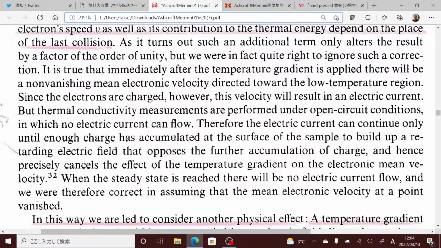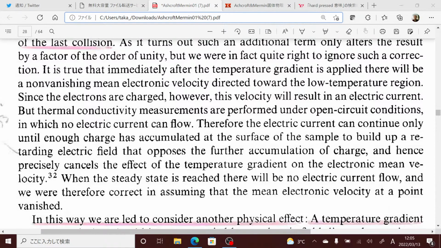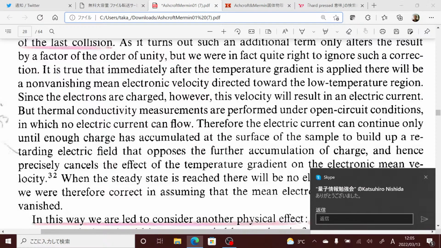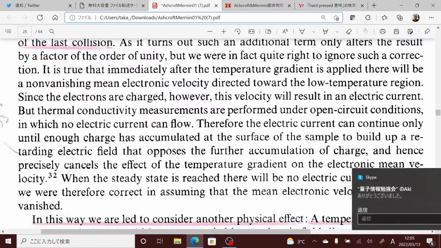Therefore, the electric current can continue only until enough charge has accumulated at the surface of the sample to build up a retarding electric field that opposes the further accumulation of charge and hence precisely cancels the effect of the temperature gradient on the electronic mean velocity.